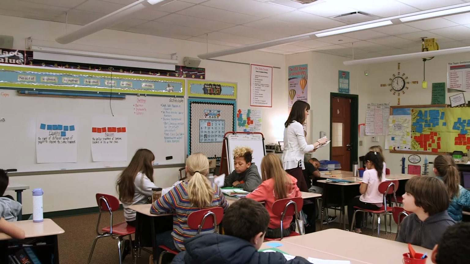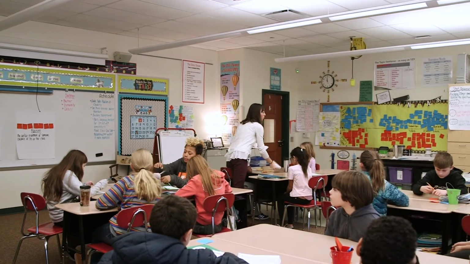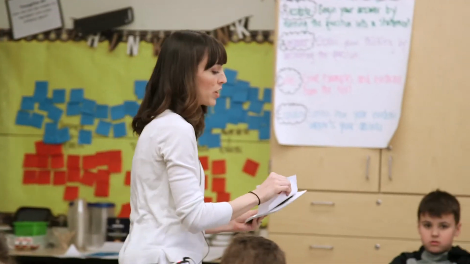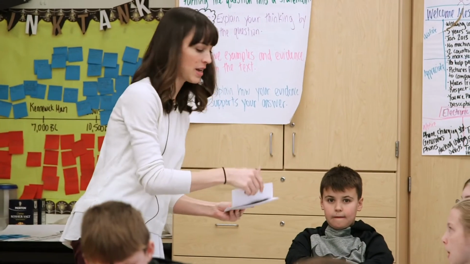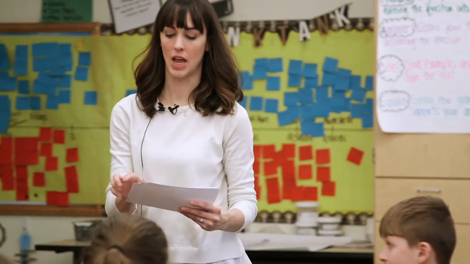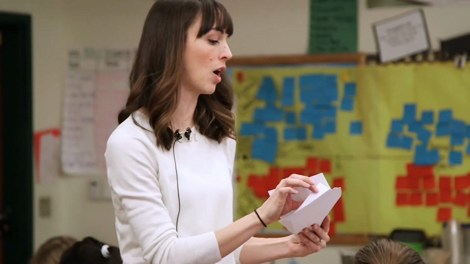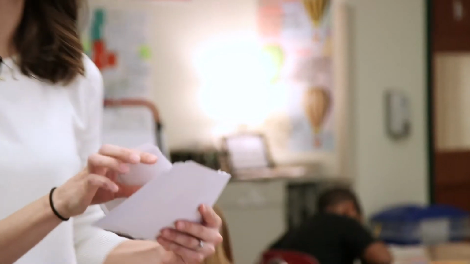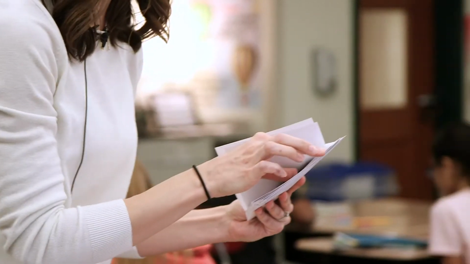And then in the think column, you're going to write down what you think about what you see, or what you think is going on in this image. And then that last one is the wonder column. This is where your questions go. What do you wonder about what's going on here? What do you wonder about some of the things that you're seeing?